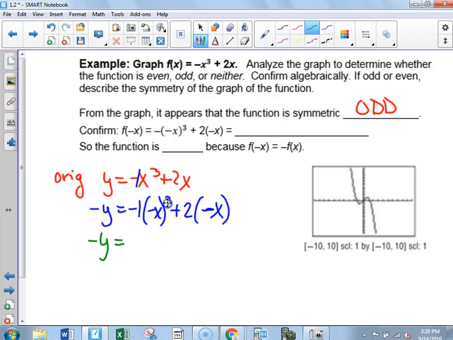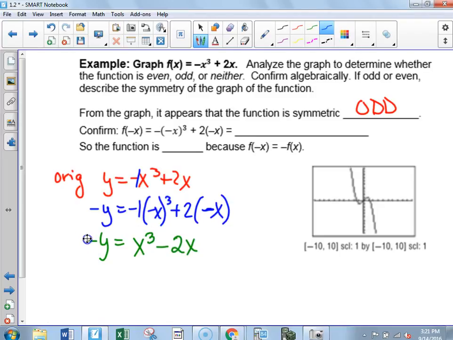What happens first here? -1 to the third power is -1, but then there was this opposite or -1 on the outside, so it becomes +1. Back here, what happens? 2 times -x is just -2x. Last step?